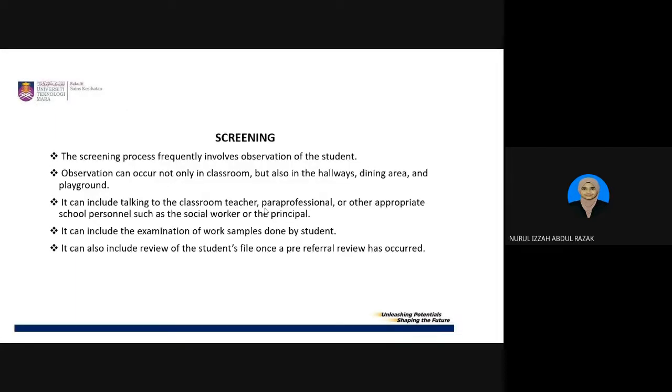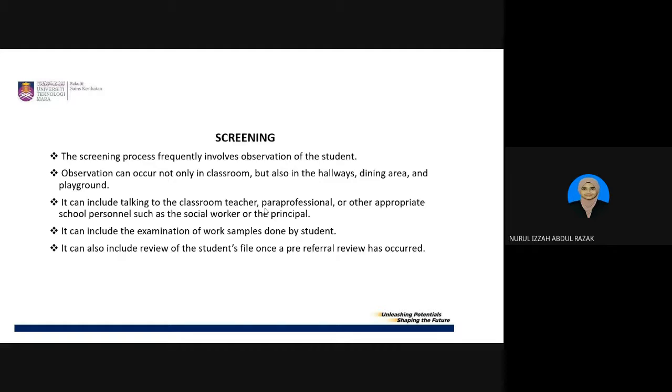Okay, the screening process. The screening process usually involves observation of the student. However, observation tu tak semestinya berlaku semasa kita one-on-one dengan student saja. Dia boleh kita observe dekat classroom ataupun dekat sideway, hallways, dining areas and also the playground.